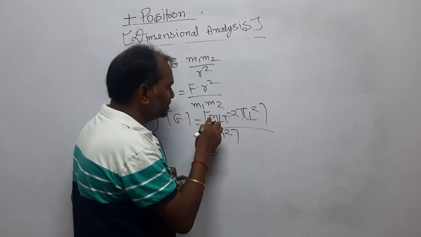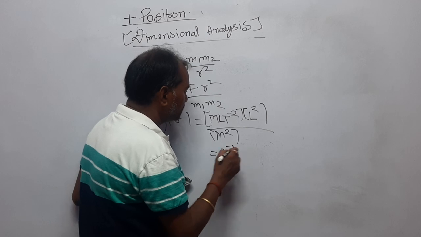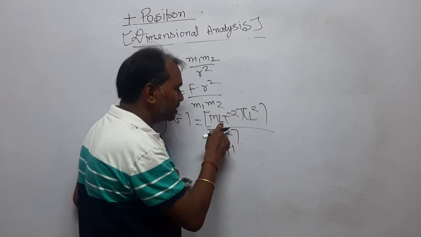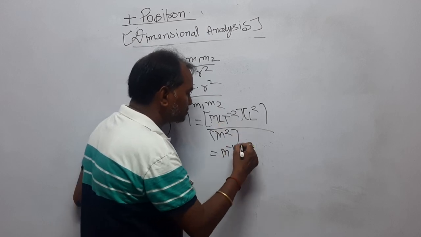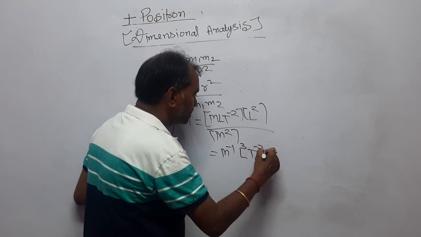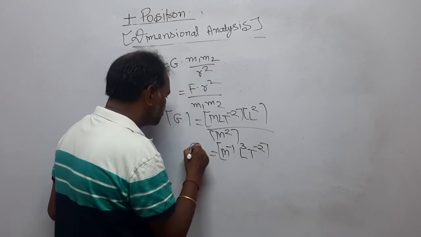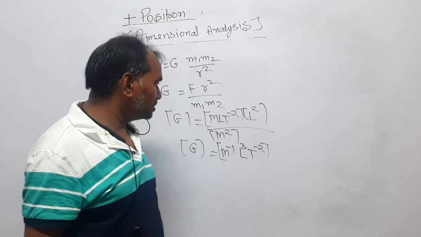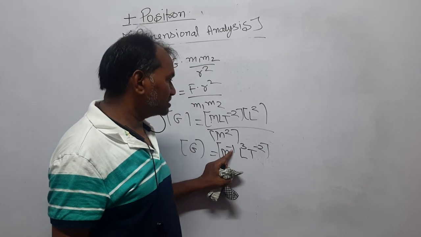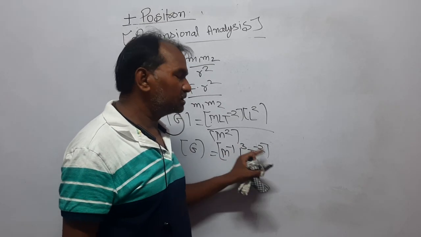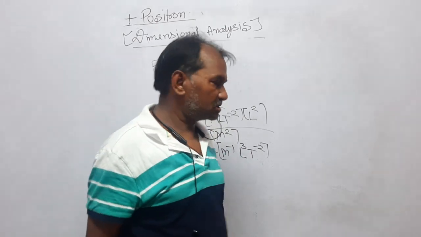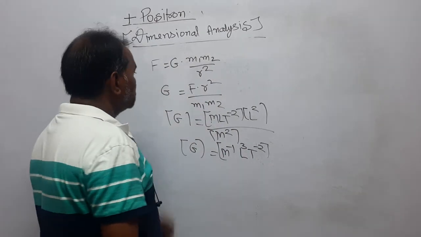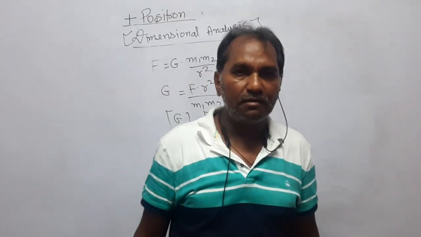Now if you bring M^2 here, that will turn out to be M^-1, L into L^2, L raised to the power 3, T to the power -2. So in the universal gravitational constant G, mass has the dimension -1, length has the dimension 3 and T has the dimension -2, right?